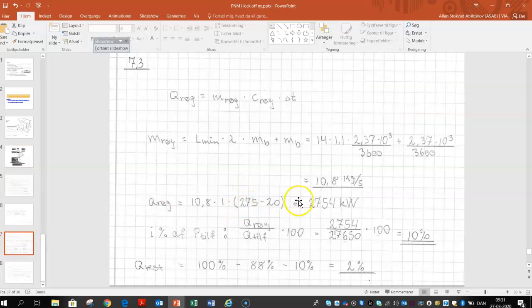And then we just calculate that, and we got it. So we have the amount of energy put in, and we have the smoke energy. That's 10%. And 100% was the amount of energy, and the 88% was coming into our boiling water, minus the 10% that leaves with the smoke, and leaves the radiation loss of 2%. Yeah, that was it.